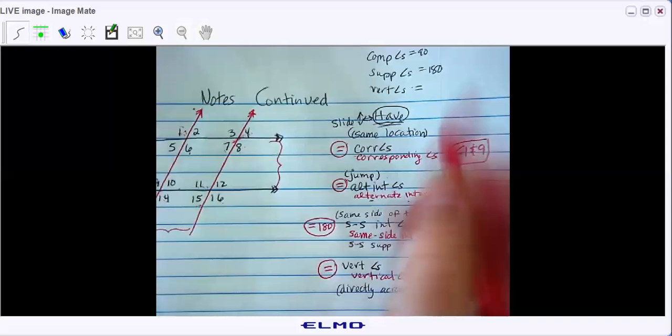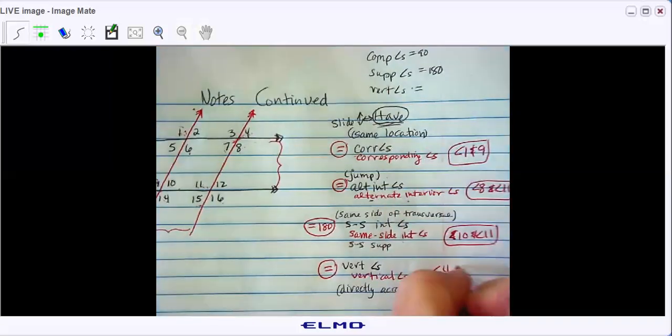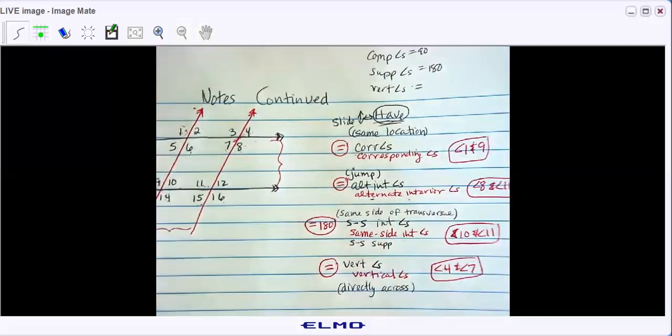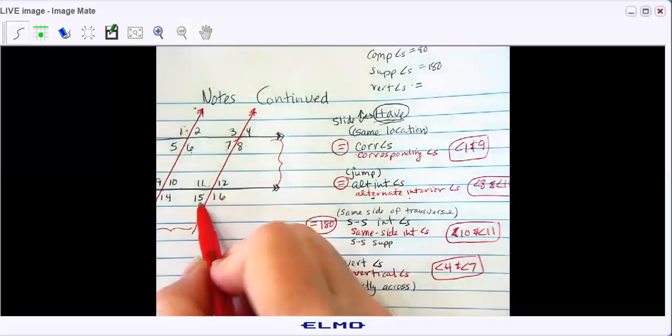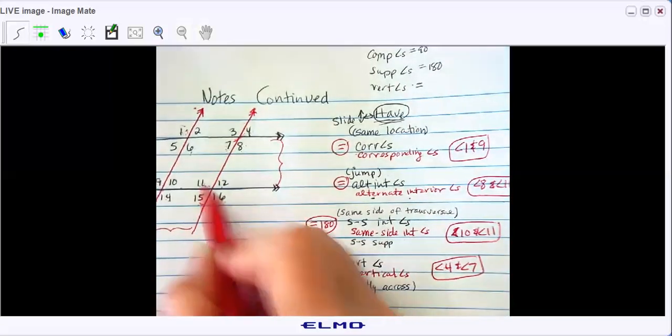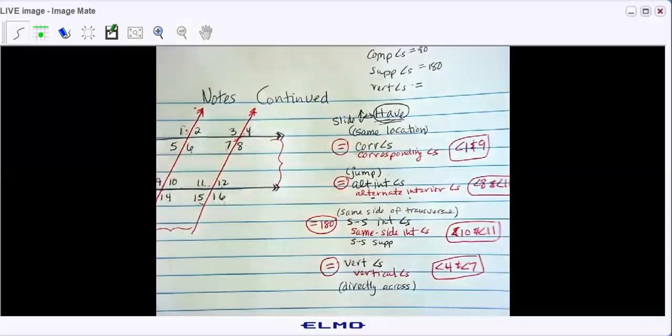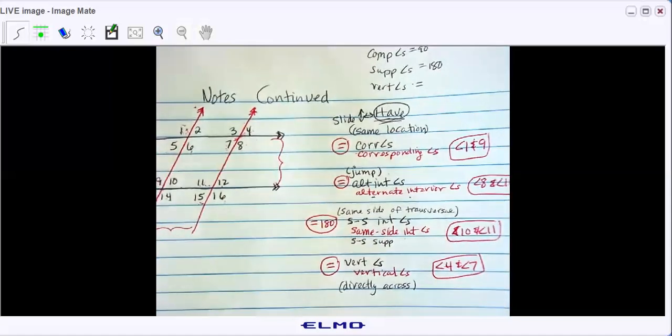So across is like in your X, it's across this way. So this would be angle 4 and angle 7, directly across. Like 3 and 8 would be directly across. 12 and 15, 11 and 16, 2 and 5, 1 and 6. Those are vertical angles. So this is a really good exercise in starting to understand how they relate.